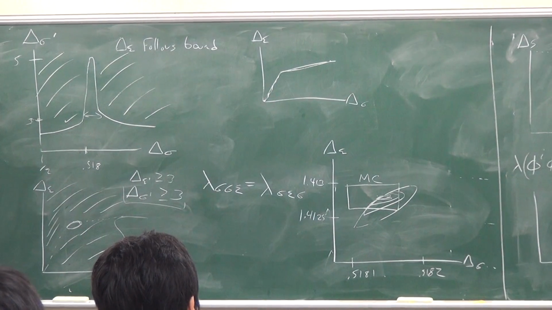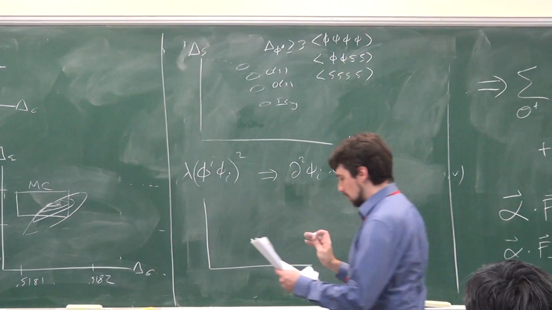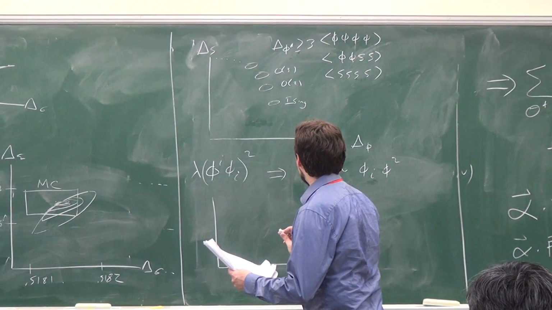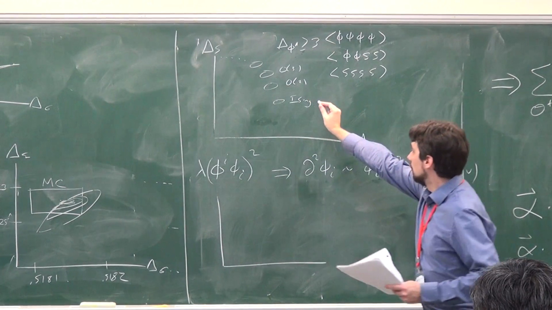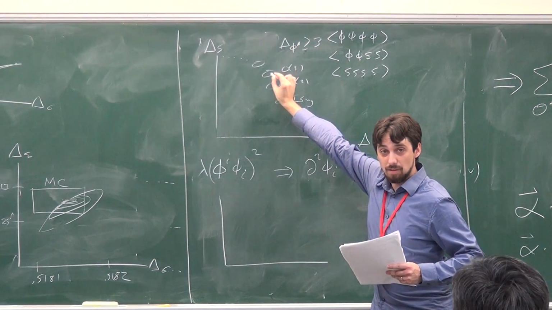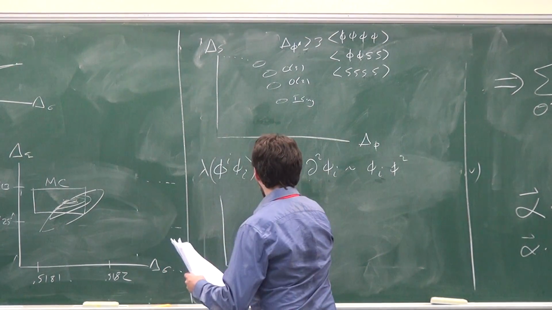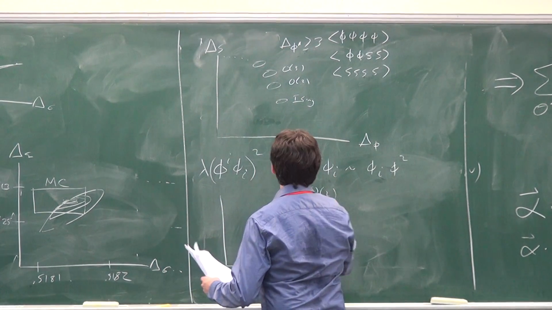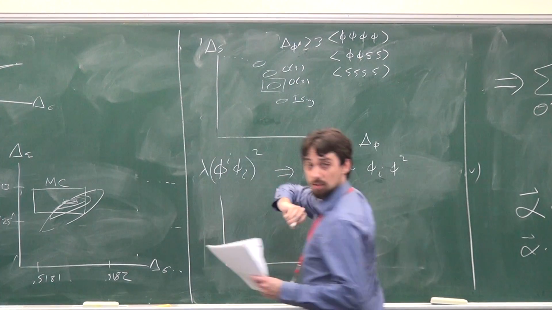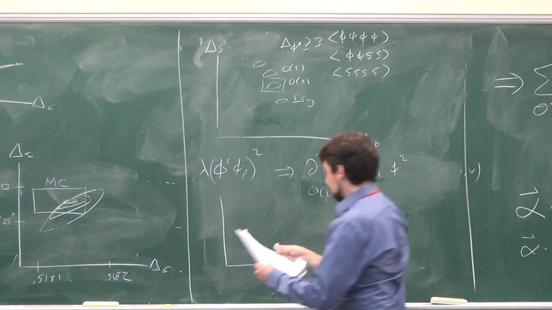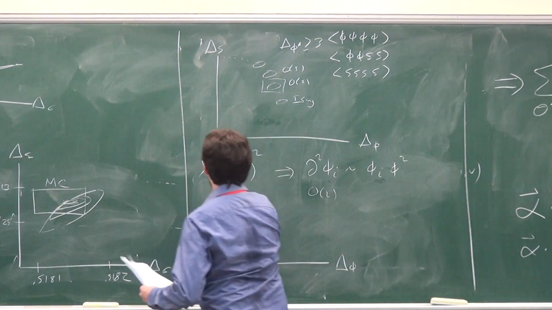I also wanted to mention that in these other cases, Monte Carlo is still better than the Bootstrap. So let me draw a zoom in on this O2 island. This is delta phi, delta s.